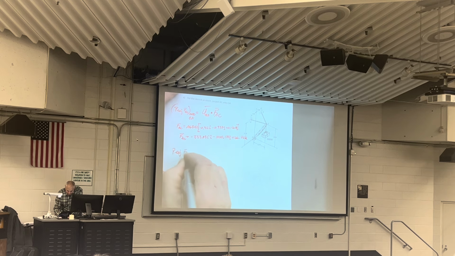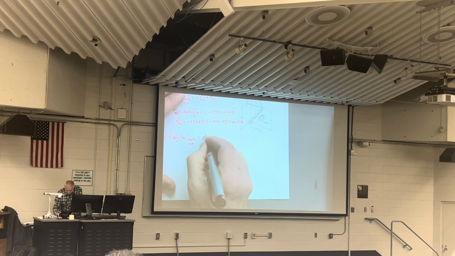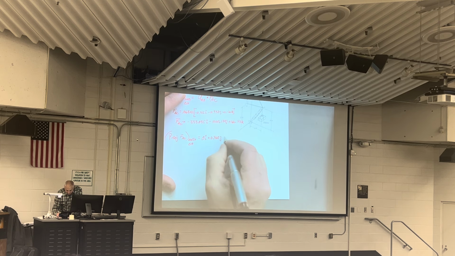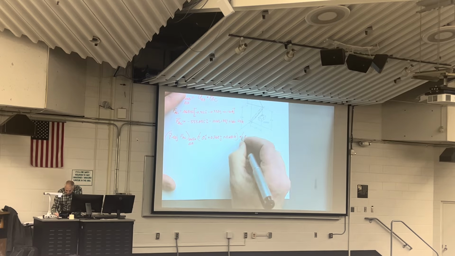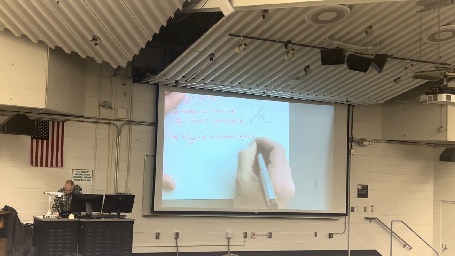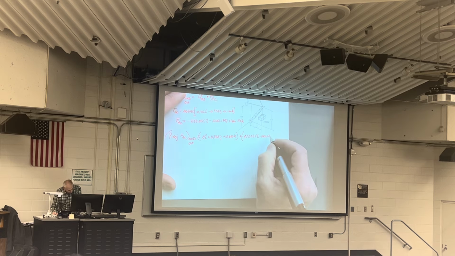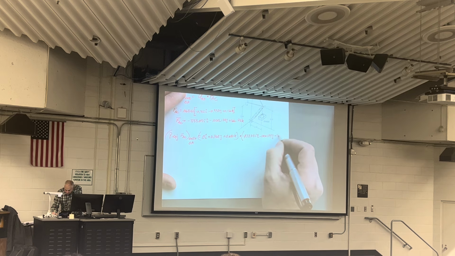This should be 0I plus 0.768J plus 0.640K. And I'm going to dot that with minus 333.035I minus 1,000.173J plus 166.518K.